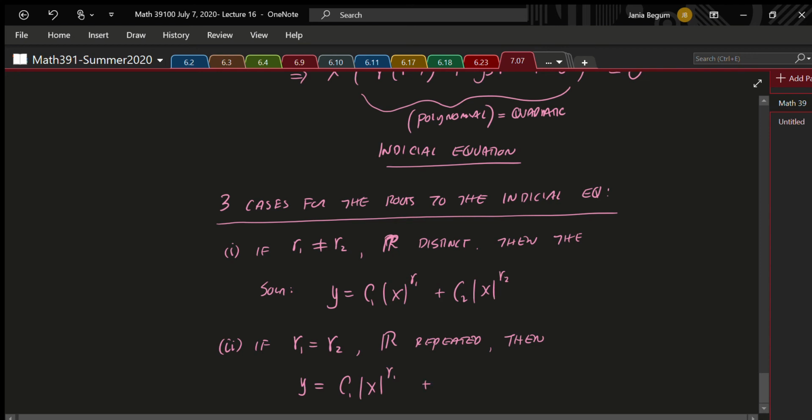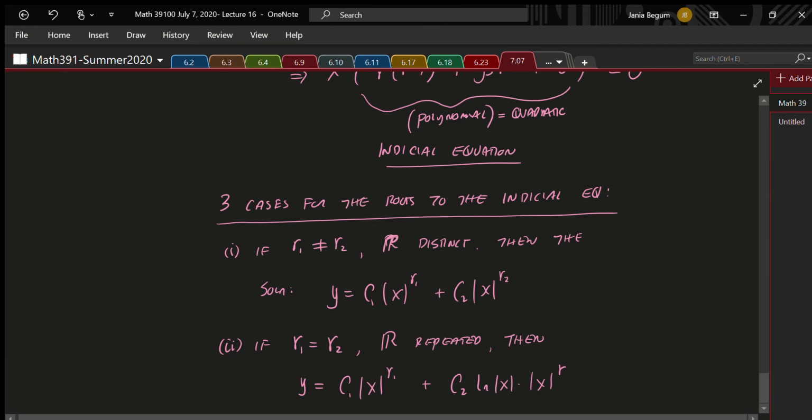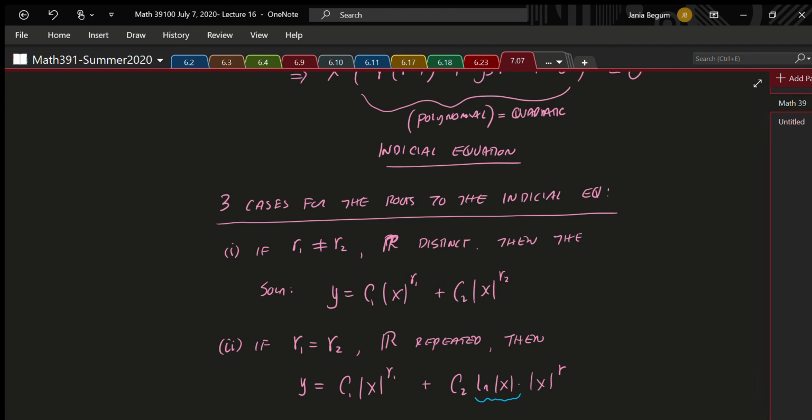Here's the thing: you'll have c2 ln of x times x to the r. You're multiplying by this extra factor of ln of x to make your solution distinct from y1. If you remember from before, we would multiply by a t to make it different if the roots are real and repeated. Here you're plugging in ln of x.